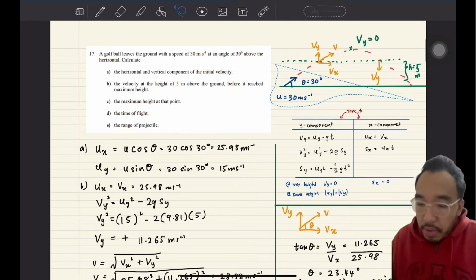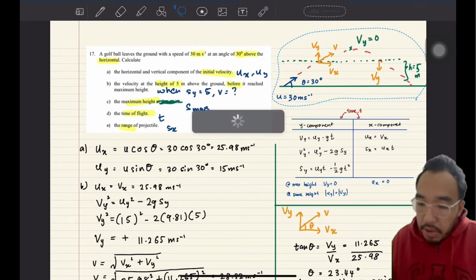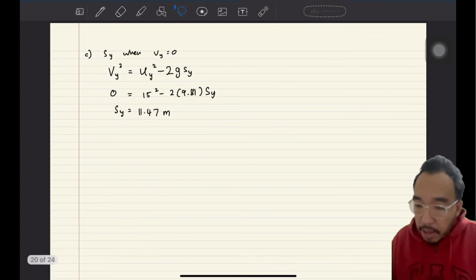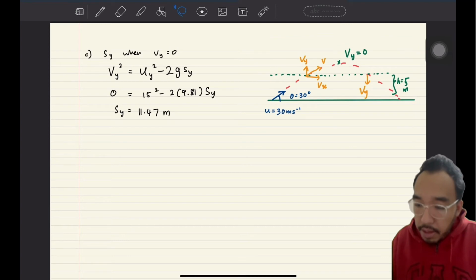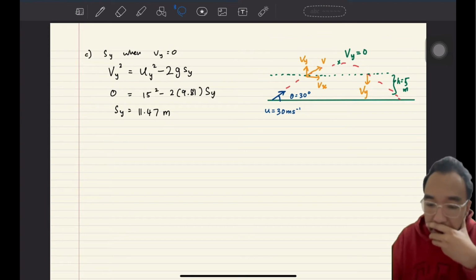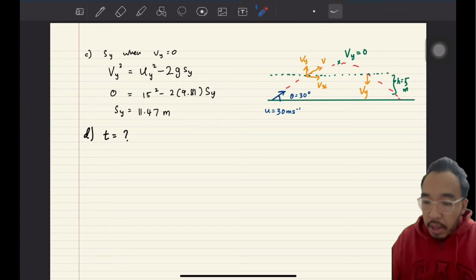I can copy this one and put it over here so that it's easier for you guys to see. Okay, so the time of flight, question D. Over here there are a few criteria.